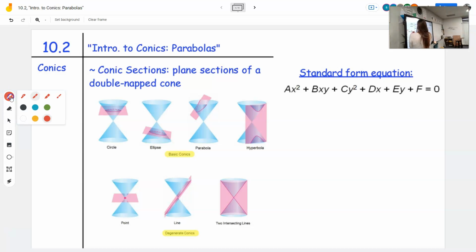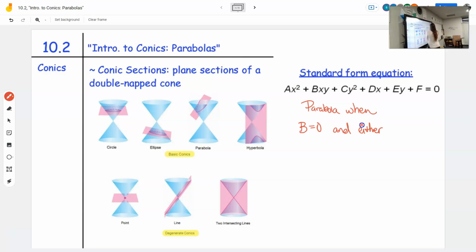But looking at this again, we are going to have a parabola when B is equal to 0 and either A or C is non-zero, but not both.